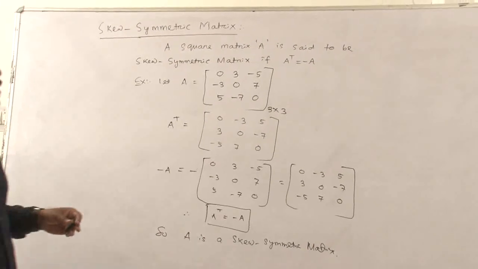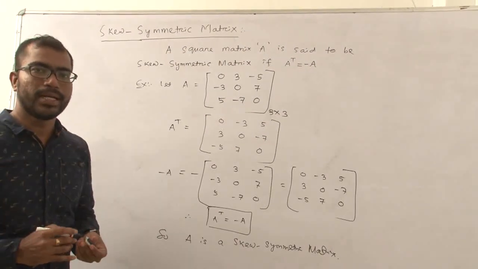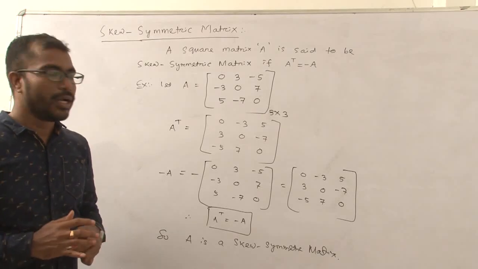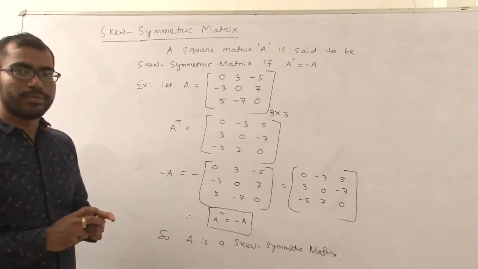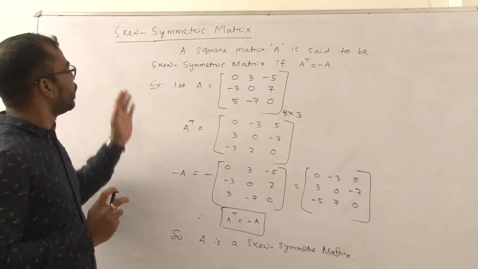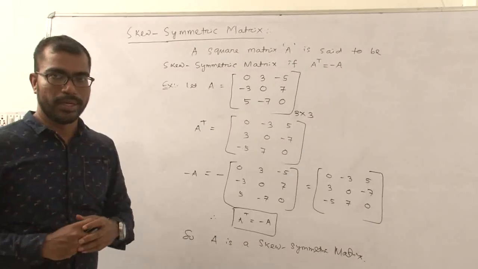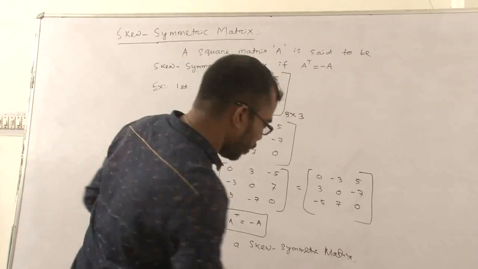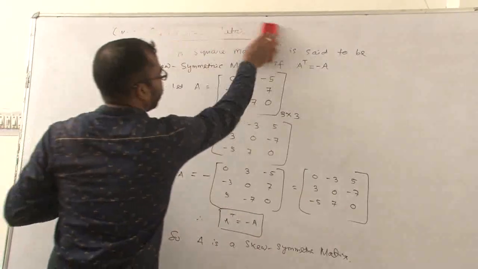So we have discussed first the symmetric matrix and then the skew symmetric matrix. Now we have the relation between symmetric and skew symmetric matrix. So we take one theorem.